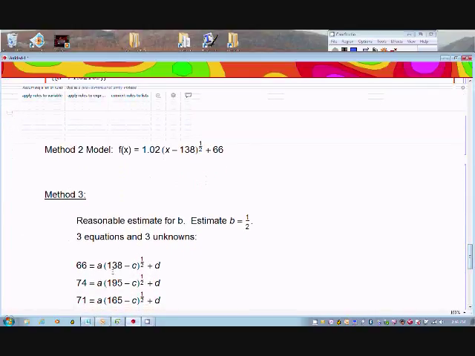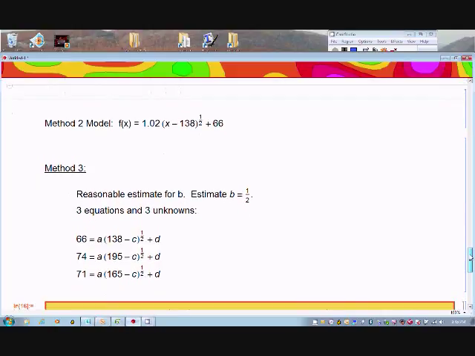So we do a reasonable estimate for b equals 1/2, and then we have 3 equations and 3 unknowns. So if we pick 3 points, roughly the first, an endpoint, and a middle point in our graph, we have our 3 equations and 3 unknowns. So with these we can solve using Mathematica.